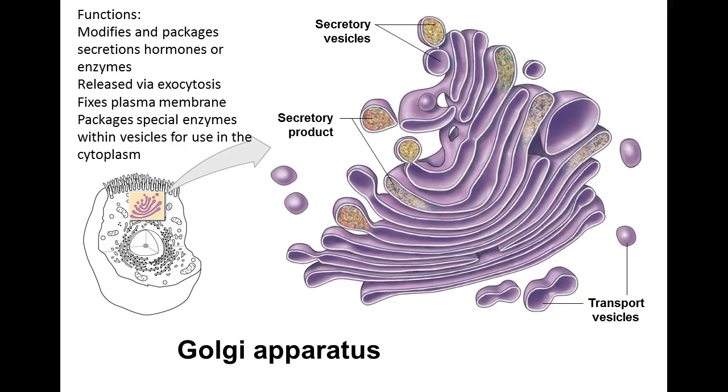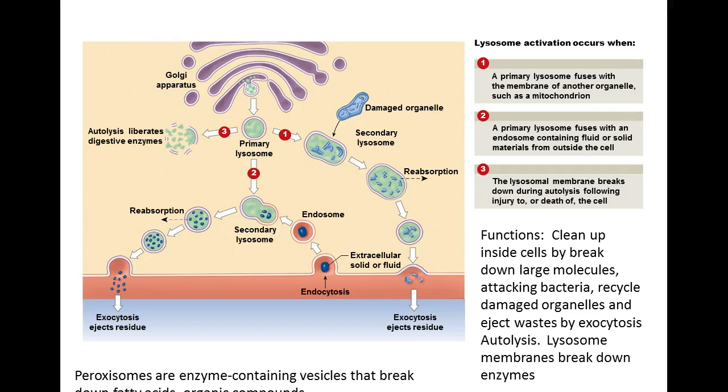One other function of the Golgi apparatus is to make lysosomes. And for lysosomes and peroxisomes, at the bottom of this screen, which I believe is going to get cut off a little bit, you have this information: peroxisomes contain enzymes. They break down fatty acids and organic compounds that are not needed by the cell, or are extra, or for whatever reason the cell doesn't want them.